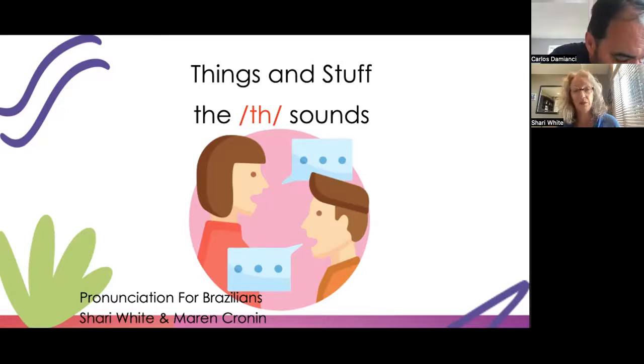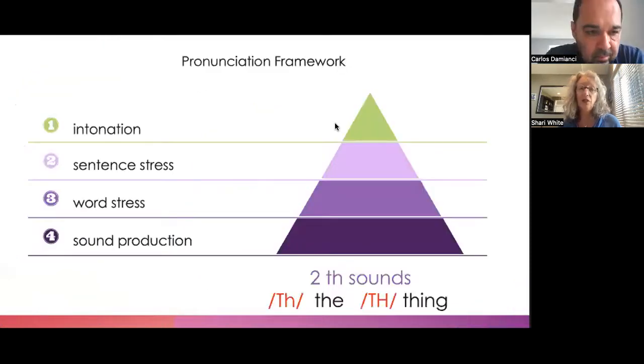Here we're going to start with the TH sounds. These are the sounds that are made by the letters TH. We're going to talk about things and stuff. If you remember the pronunciation framework again, these are actually two sounds.